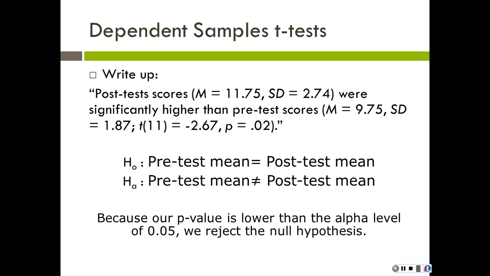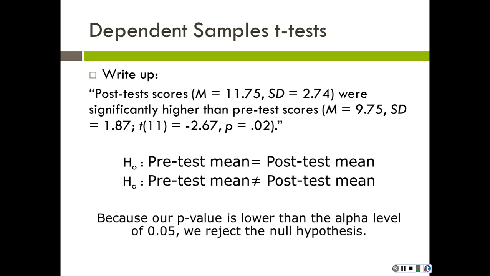So here's my t value with 11 degrees of freedom, here's the actual t value, and here is my p value. You can say p equals 0.02 like it shows in there, or you could say p is less than 0.05, however you want to say it.